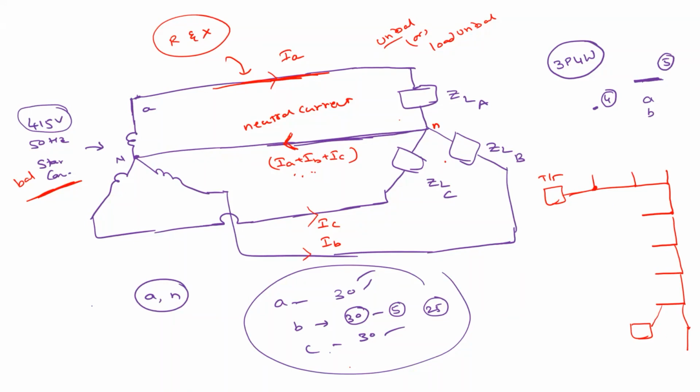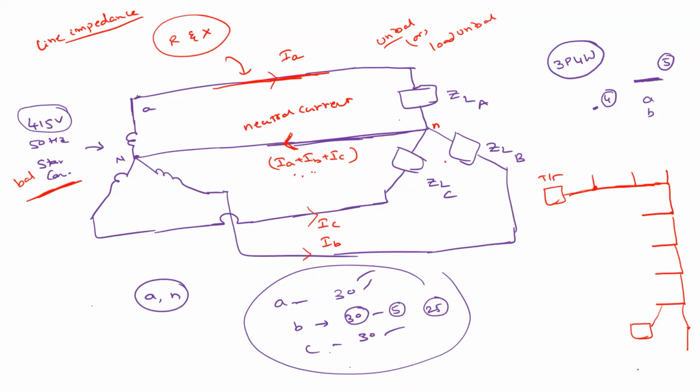So this is basically some cable or some conductor, and this conductor has some resistance and inductance. That is known as line impedance. This line impedance changes with the length of the conductor.